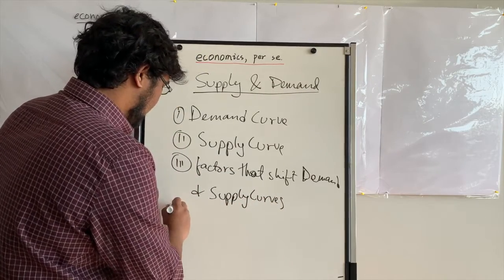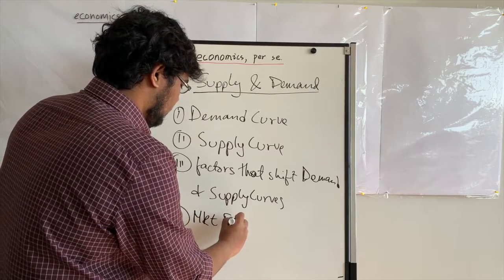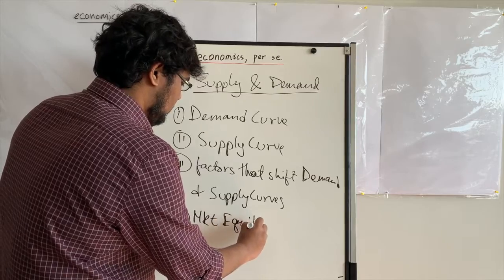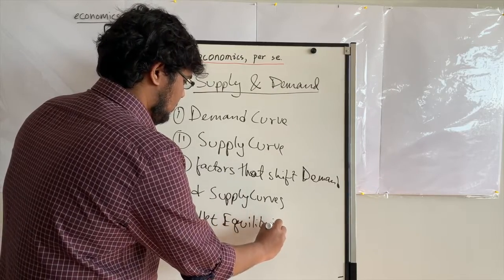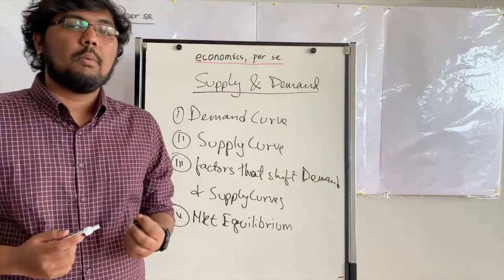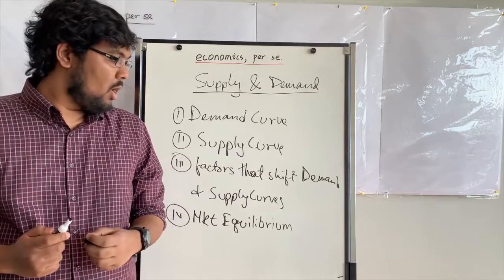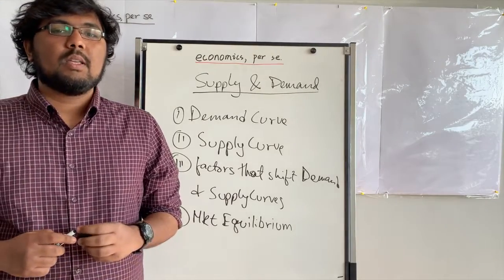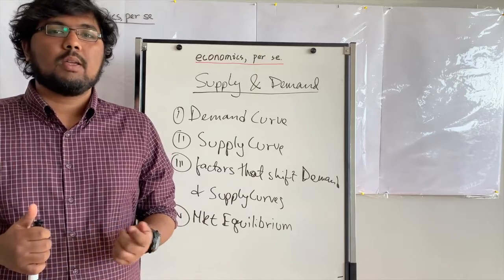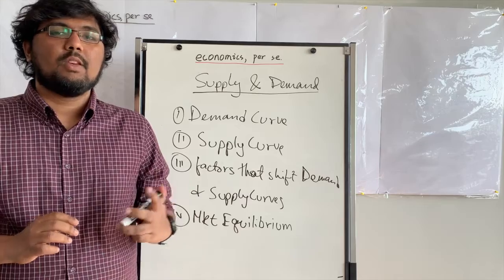The fourth one is market equilibrium. Market equilibrium includes the equilibrium price and the equilibrium quantity. And the fifth one is the way the market equilibrium changes with the shifts in the supply and the demand curve.